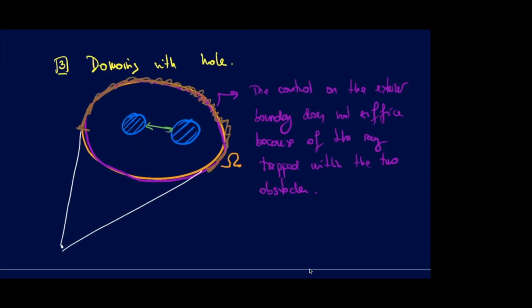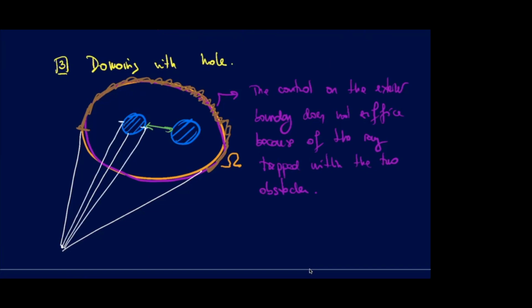But I have also to check how these rays are interacting with these obstacles, because these obstacles are also part of the geometry, part of the boundary of the domain omega. So we said that I need always to control where the rays are exiting. And where are they exiting here? These rays are exiting the domain when they get into the obstacle.